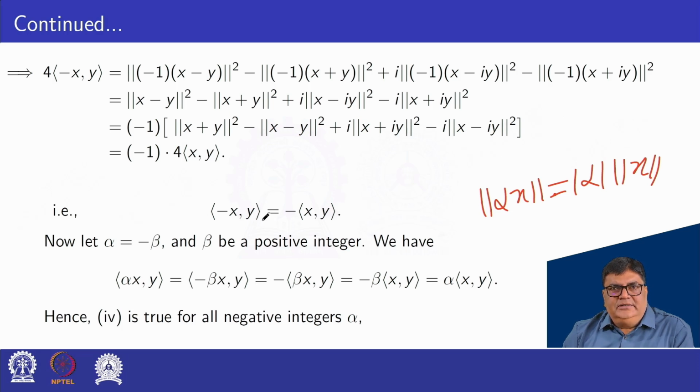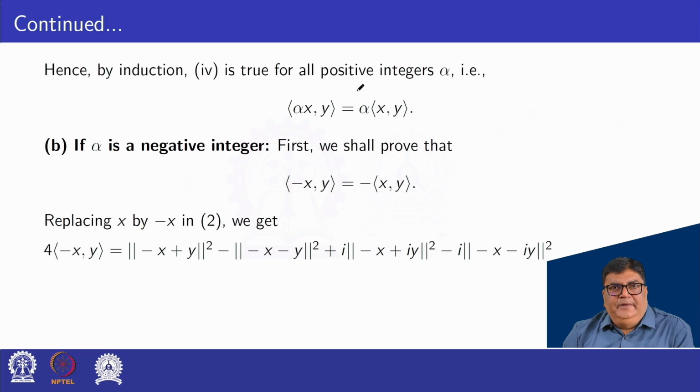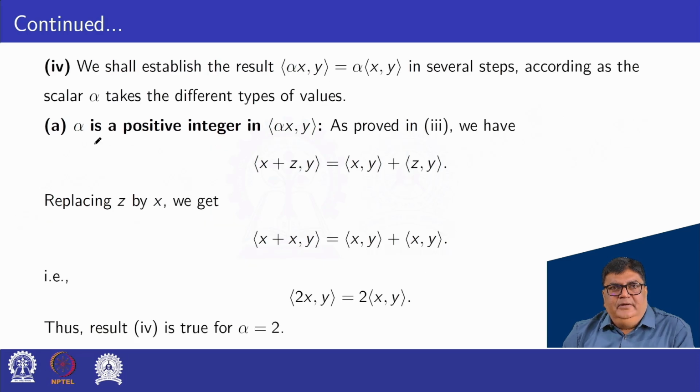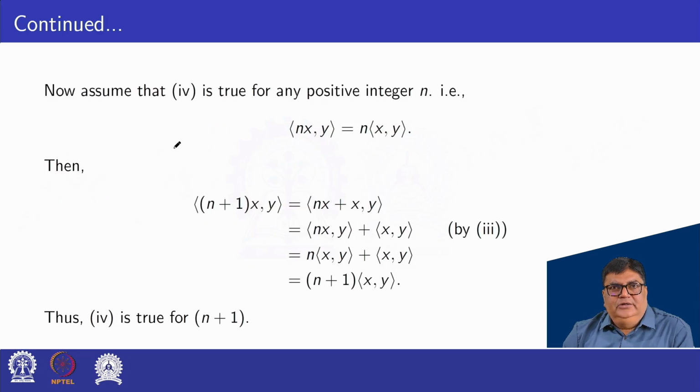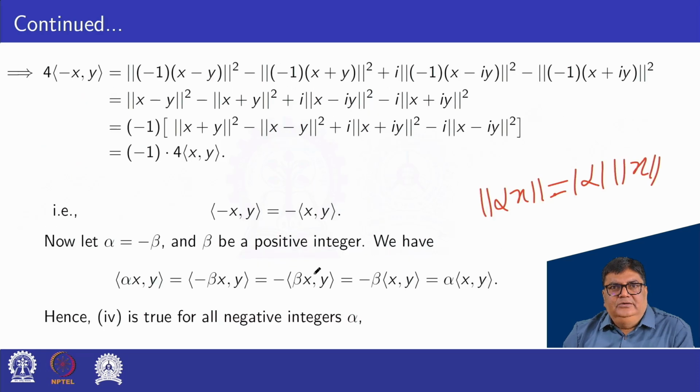As per this, we can write minus inner product of beta x, y. Since beta is a positive integer, by the first property, this can be written with beta outside, that is minus beta into inner product of x, y.